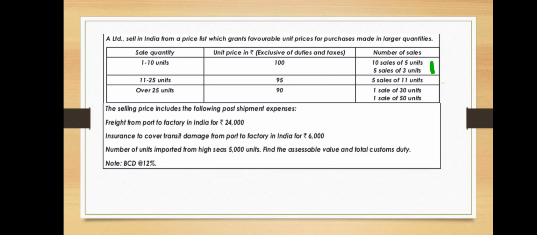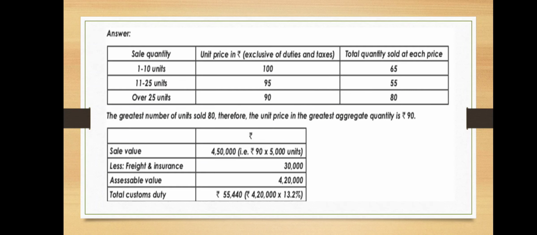So we need to consider the greatest number of units. The greatest number of units sold is nothing but 80 here. So for 80, what will be the unit price? That is 90. So this will be the selling price we need to take, and we need to multiply it with the total sales.